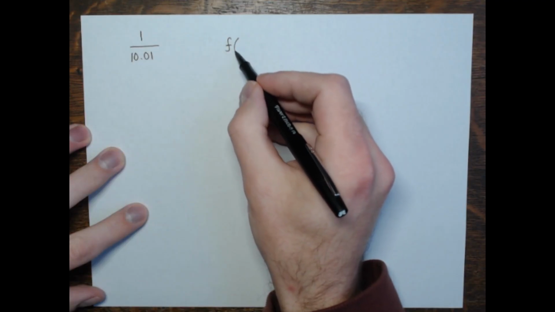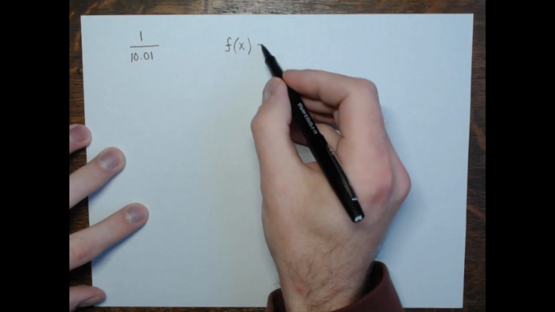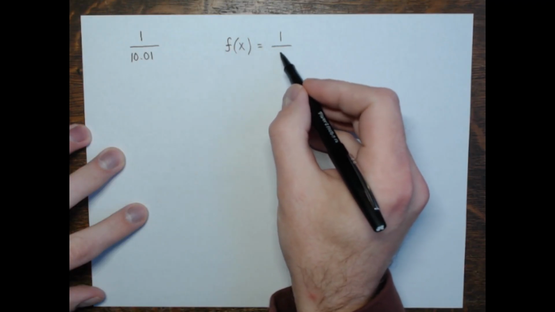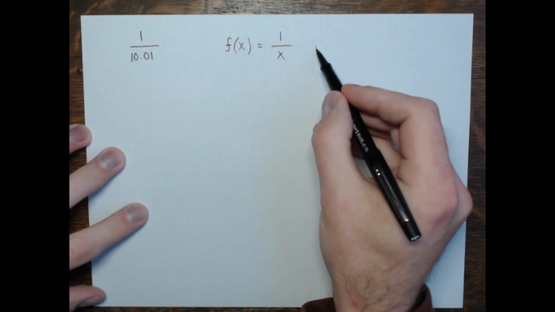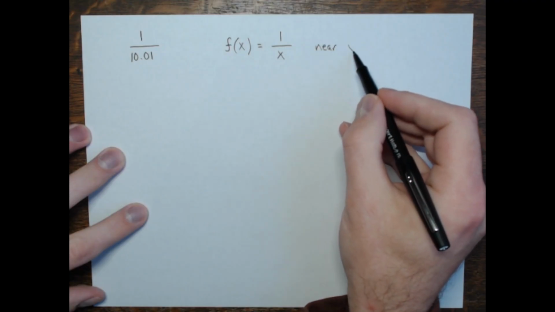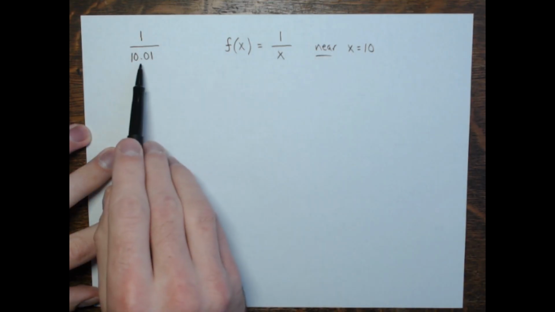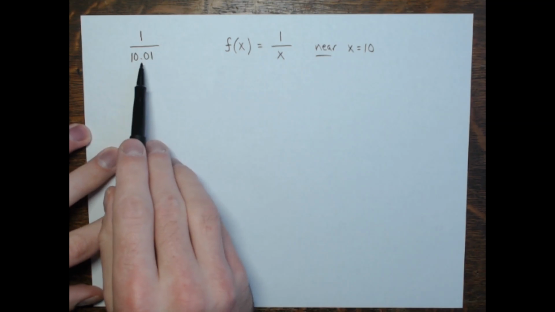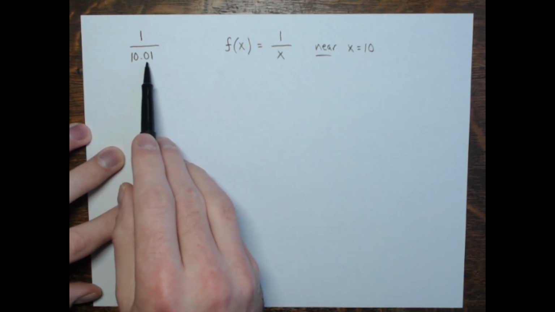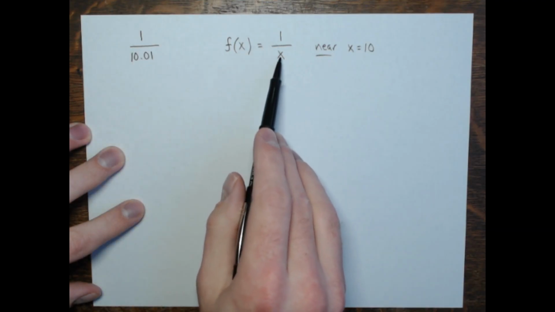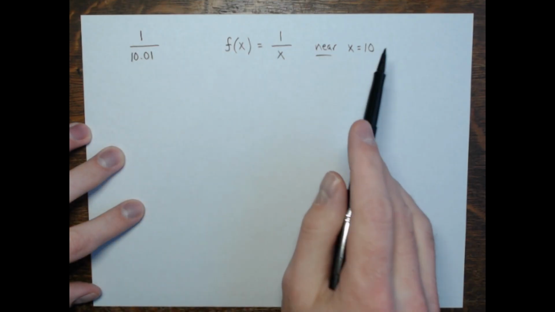So if I look at the function f of x equals 1 over x, near x equals 10, this is pretty close. This is only 0.01, only 1/100th away from 10. So again, 1 over some value near x equals 10.